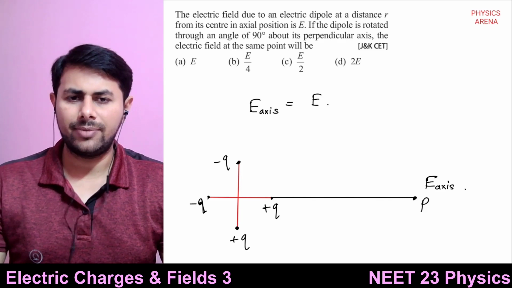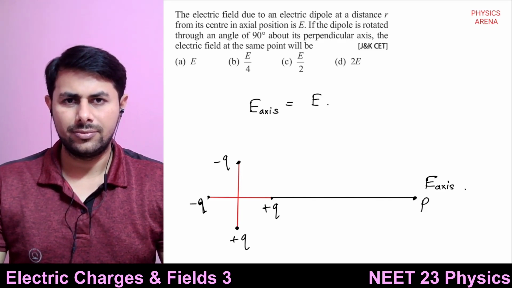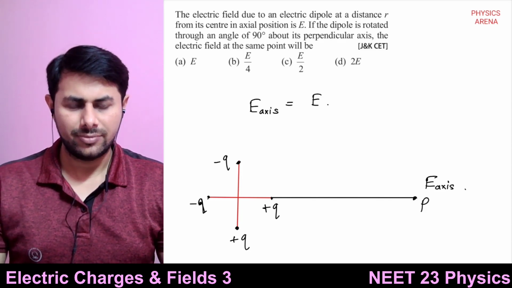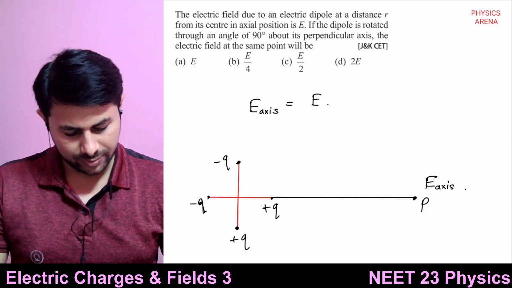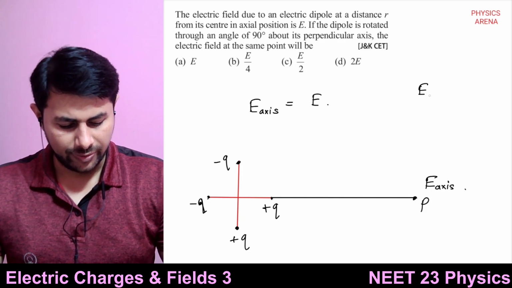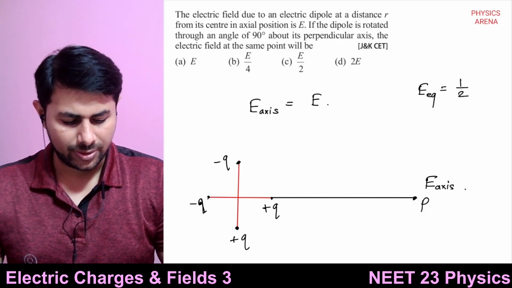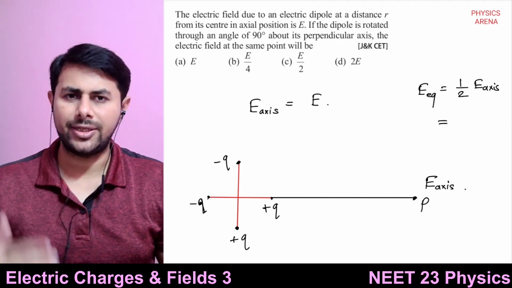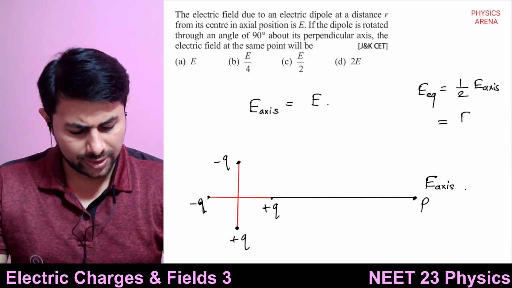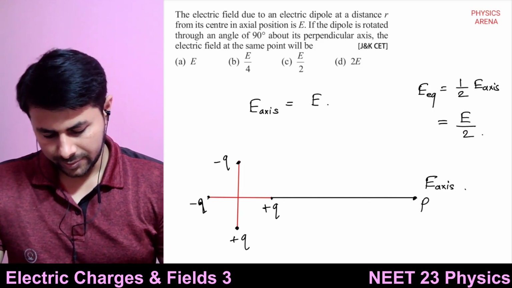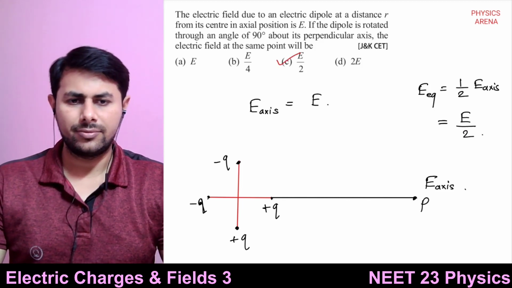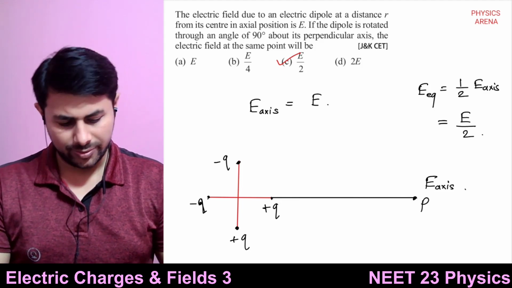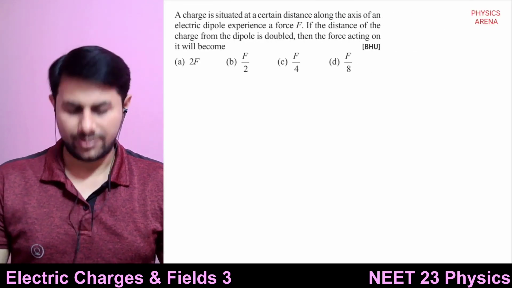So how much would be the electric field there? It will be half of the earlier electric field, right? Because E equator is equal to half of E axis. Okay, now the point has become equatorial point. So it is half of E, right? Option C. So this one was extremely simple.